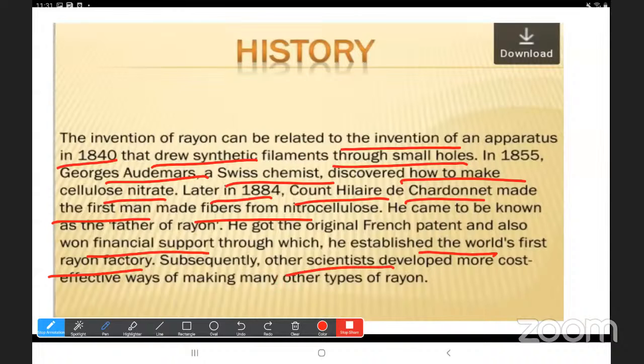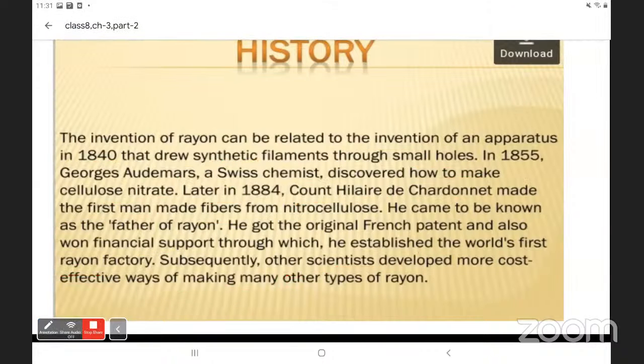Here, other scientists developed more cost-effective ways of making many other types of rayon.